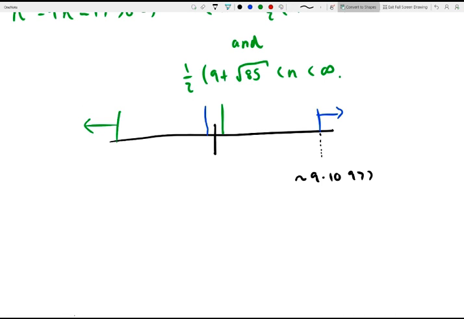So the minimum positive integer that satisfies that is going to be the next integer out of this blue region. So it's going to be that n equals 10, because n equals 9 will not satisfy the equation because it's in the region, but n equals 10 will. Thanks very much for listening.